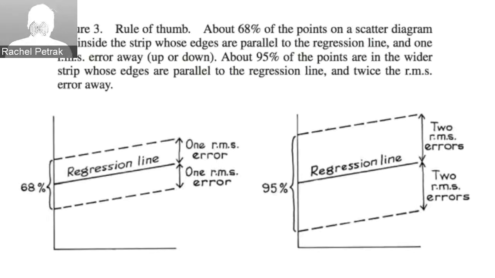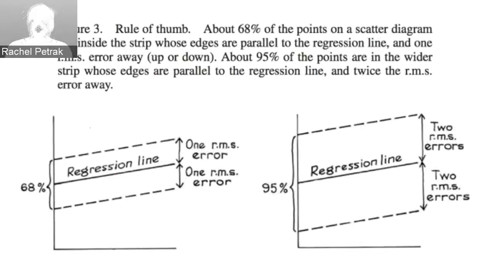When we map the RMS error onto the regression line, we can see that the error percentages take on a similar distribution to the normal approximation.